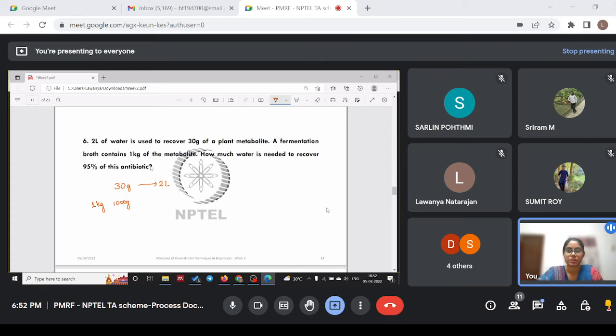A fermentation broth contains 1 kg of the metabolite. So this is what we are interested in. So 1 kg is 1000 grams. But think about how much percentage of this is actually going to be extracted. And how much water are you going to need in the end? That's the question.